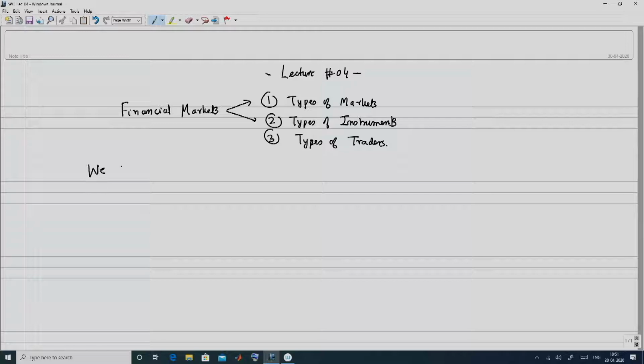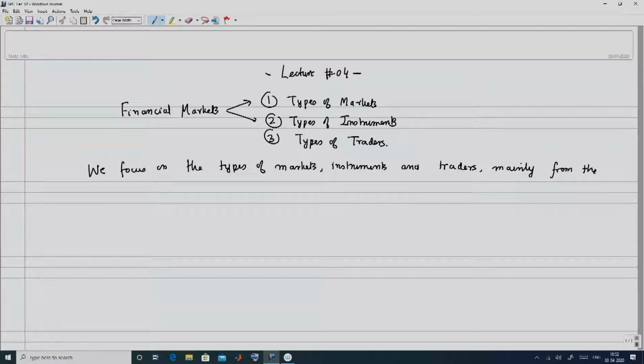So, to sum this up, we focus on the types of markets, instruments and traders, and we will do this discussion mainly from the point of view of financial derivatives. So, this is important to emphasize.